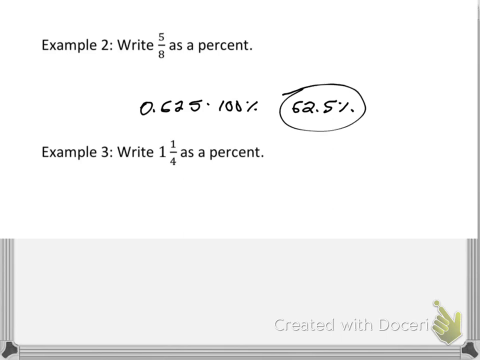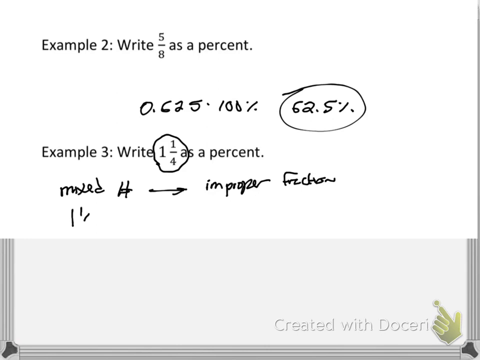All right, look at example 3. What's weird or different about example 3? Well, we have a problem here because we have a mixed number. So anytime you have a mixed number in this class, you're really going to need to convert it to an improper fraction before you can proceed. And we learned how to do this back in chapter 2.